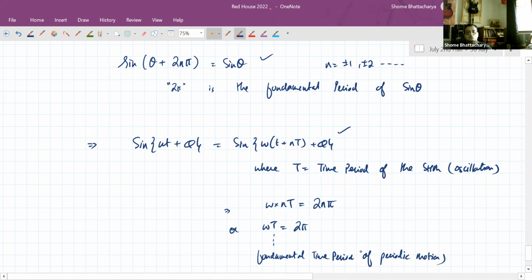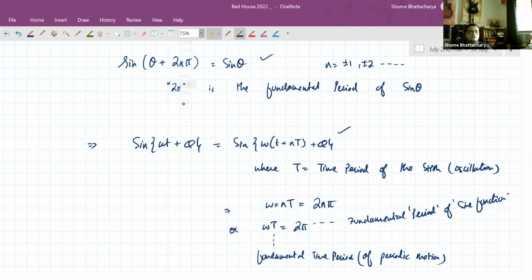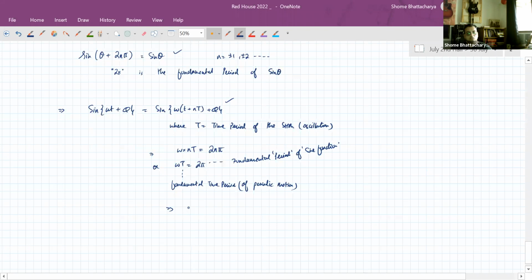And because the motion is described by a sine function, on this side 2 pi is the fundamental period of the sine function, of the harmonic function. So that is now the significance of omega. So you can see that omega is 2 pi upon time period, or time period is equal to 2 pi by omega.